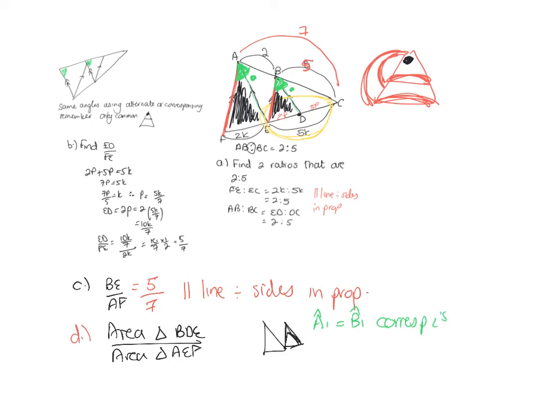You could have said A equals B corresponding angles, and then A2 equals B2 corresponding angles, so therefore A1 equals B1. All right, so we could have gone into more detail, but basically those angles are equal because of corresponding angles.